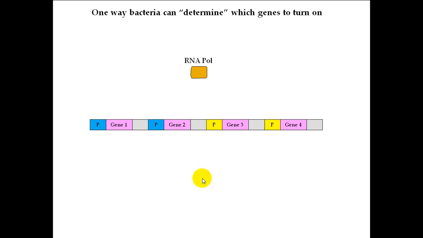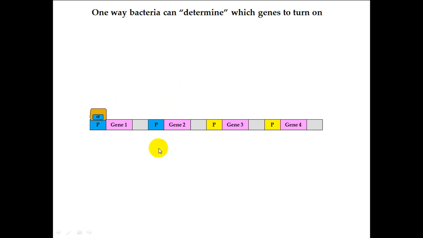Because promoters can differ slightly between genes, in order for an RNA polymerase to bind to a promoter, there has to be the corresponding sigma factor that will help it bind to that promoter. Right? So in order for RNA polymerase to bind to this promoter in front of this gene, it has to buddy up with the appropriate sigma factor that will allow it to recognize that particular promoter.